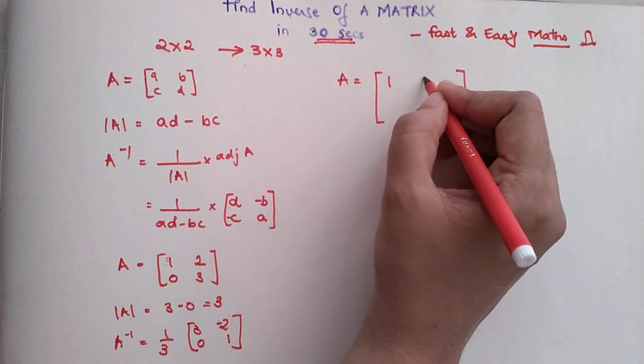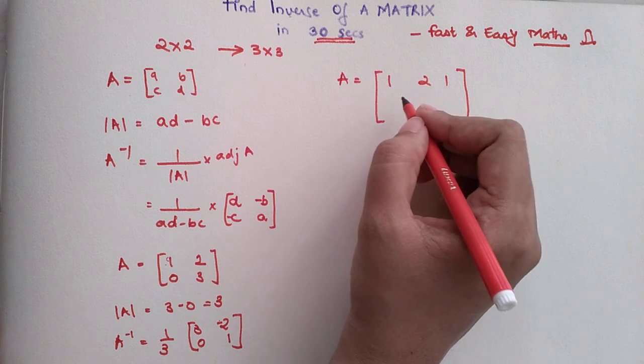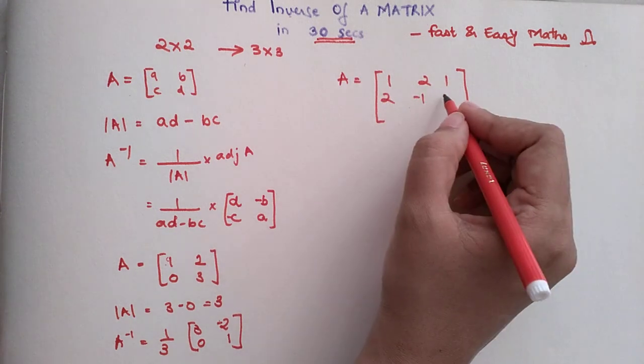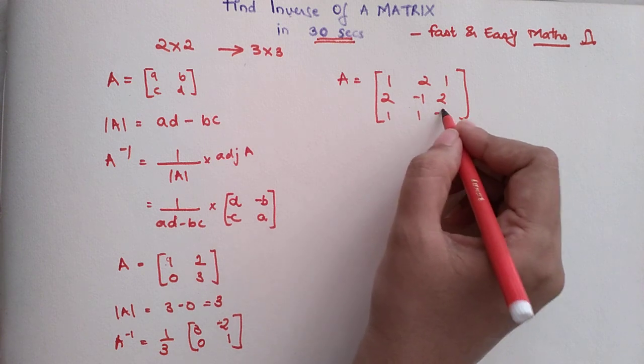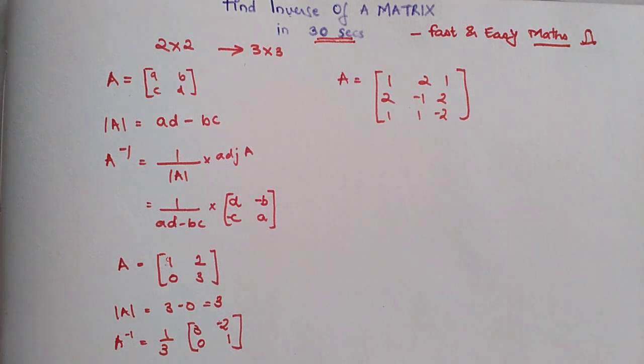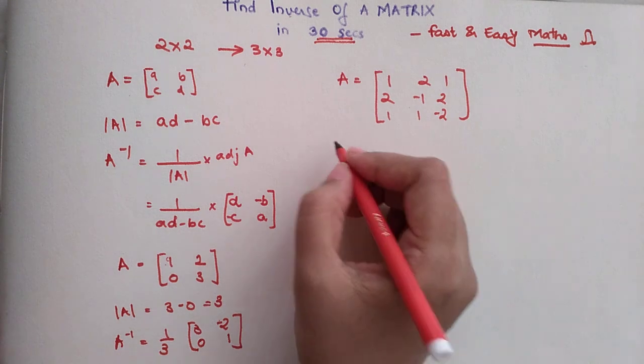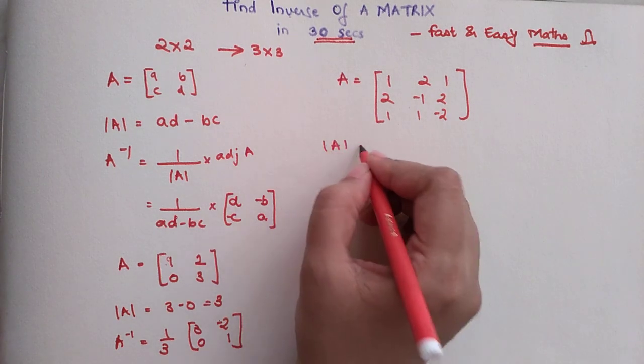Let's take for example a matrix which has 1, 2, 1 in the first row, 2, minus 1 and 2 in the second row, 1, 1 and minus 2 in the third row. So first things first, we will find the determinant.